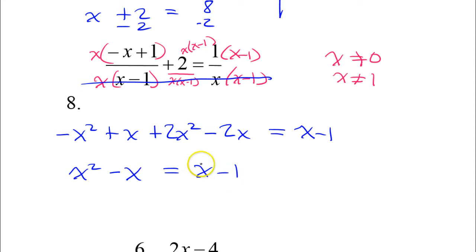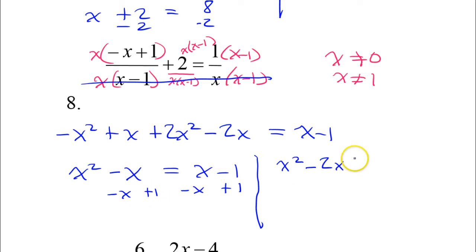I am going to get 0 on one side, so minus x and plus 1. That's going to give me x squared, negative 2x, plus 1 equals 0.